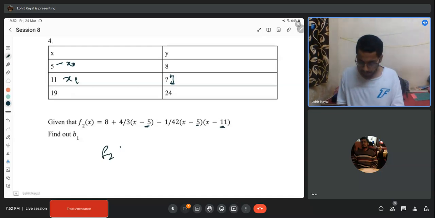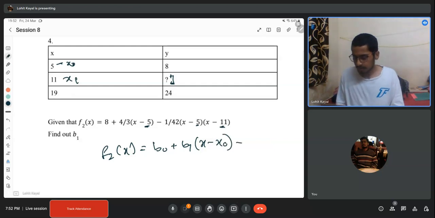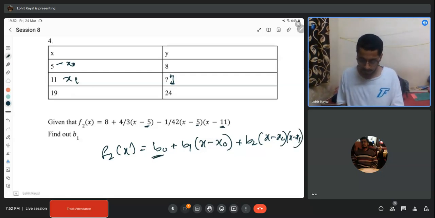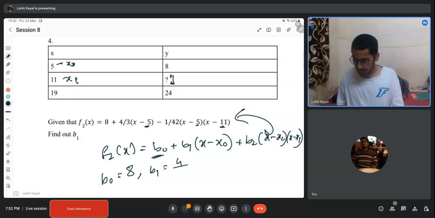So f2 of x, the general form is b naught plus b1 (x minus x naught) plus b2 (x minus x naught)(x minus x1). So this is the general form. Just compare these two expressions. You will find that b naught is equal to 8, b1 is equal to 4 by 3, and b2 is equal to minus 1 by 42.